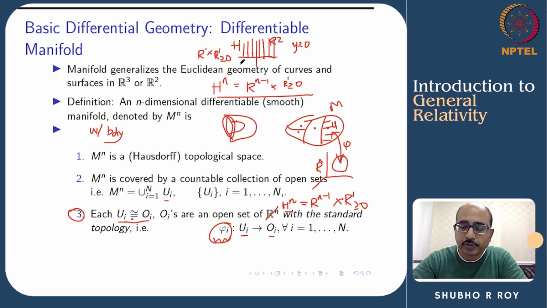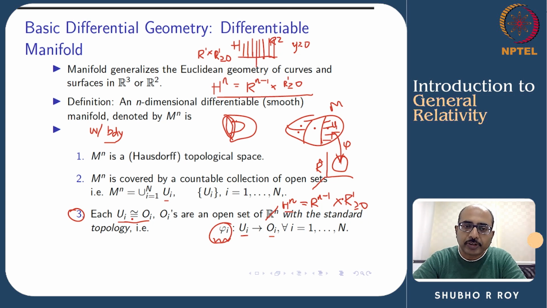That topology, which is inherited from the larger space, is called the induced topology. So because the half space Hn is a subset of Rn, topology is induced in Hn. Automatically you get to know the open sets of Hn if you know the open sets of Rn, which we use to be the standard topology.